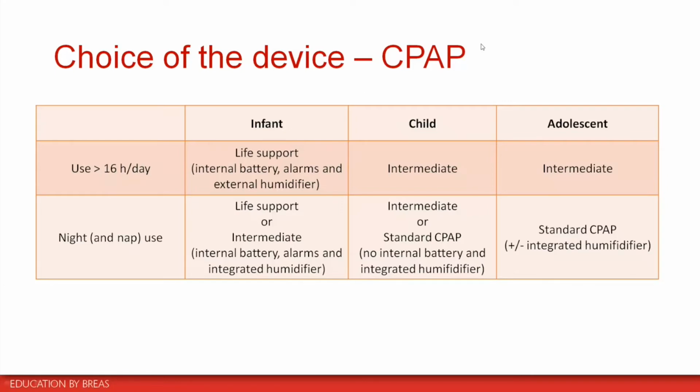So concerning CPAP, if we are talking about infants, and the use of the CPAP is more than 16 hours per day, we will choose a life support ventilator with internal battery, because we feel more comfortable to have an internal battery, to have alarm.